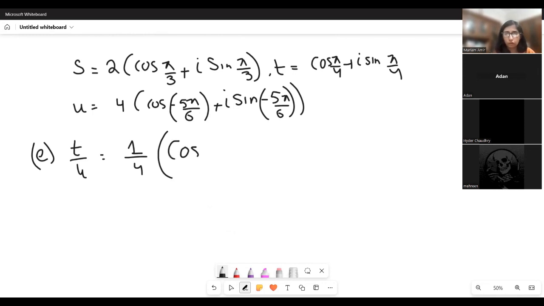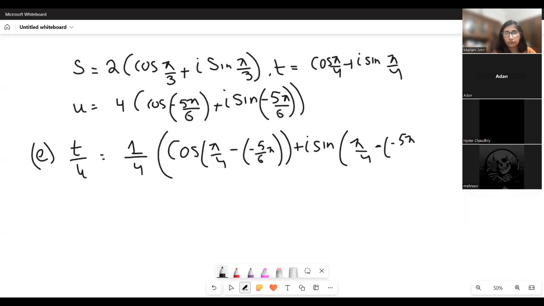So cos, the theta for T is pi by 4, that's written first, and then minus the theta for U, which is minus 5 pi by 6. So we have a double negative sign here, plus iota sine pi by 4 minus 5 pi by 6 with the same sign change.